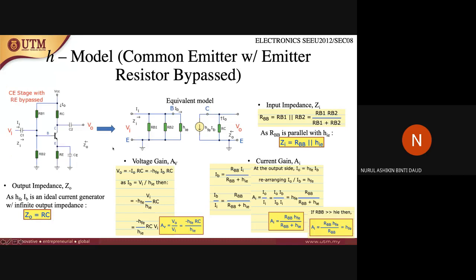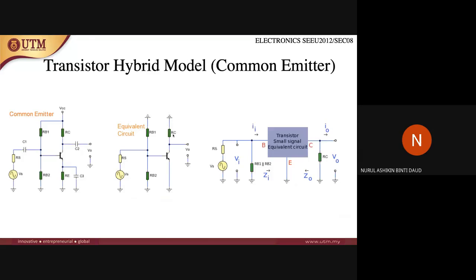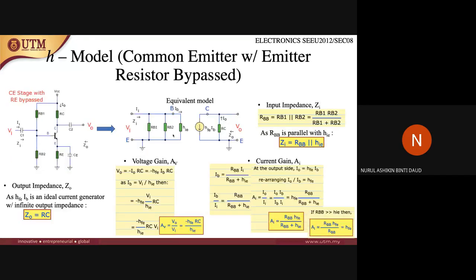But inside your test, you can use the hybrid pi model, which is basically the same. What you need to do is only change at this part for the hybrid pi model.